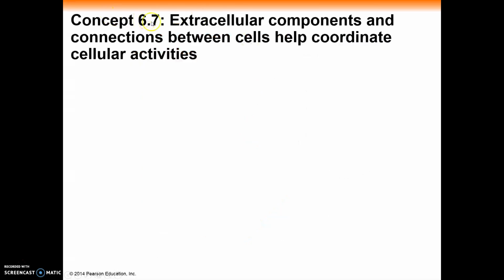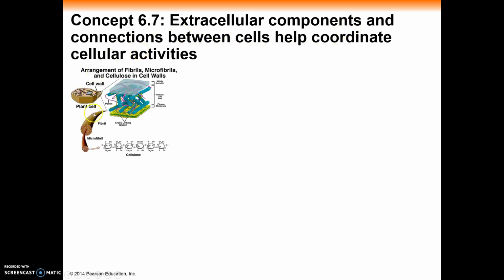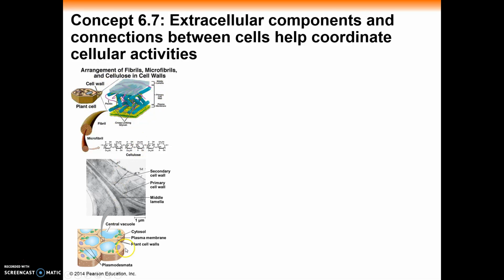So, concept 6.7, the extracellular components and connections between cells help coordinate cellular activities. So we talked about the cell walls in plants, how they're made up of cellulose, forming these ever larger fibrils that get laid down in mats and form a very rigid structure.